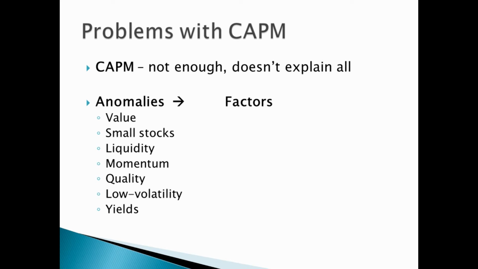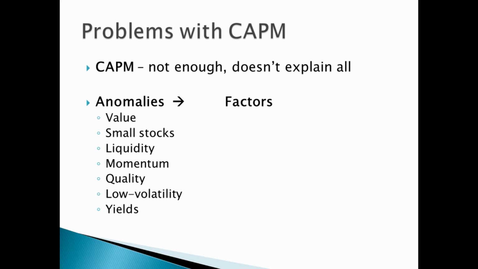What are some of these anomalies? Value being one, that value stocks over long periods tend to outperform more growth-oriented stocks. Small stocks, even after adjusting for the fact that they are inherently riskier, still had outperformance compared with larger companies over long periods of time. Similarly, less liquid actually outperformed more liquid. Momentum, that stocks with the wind at their back continued in general outperforming their slower brethren.